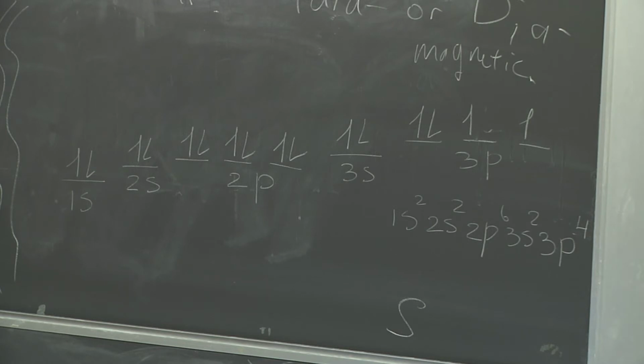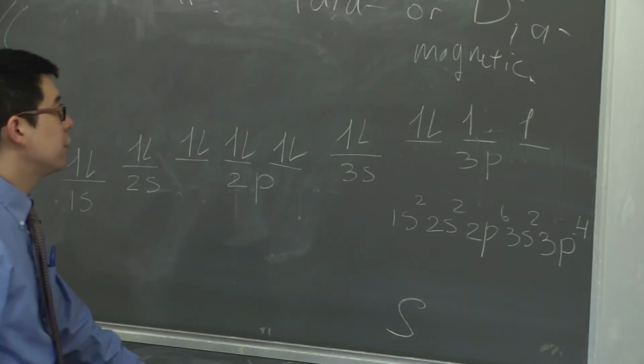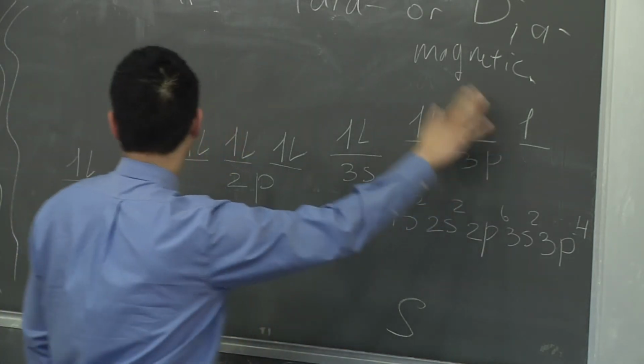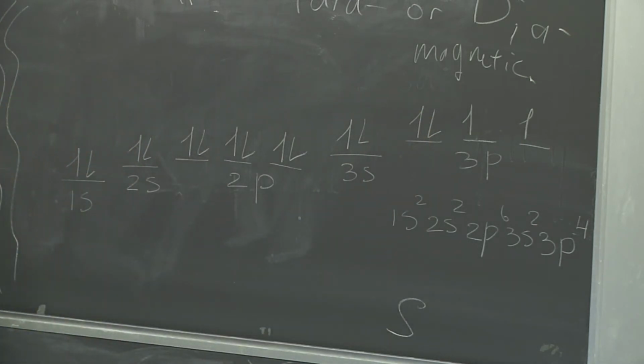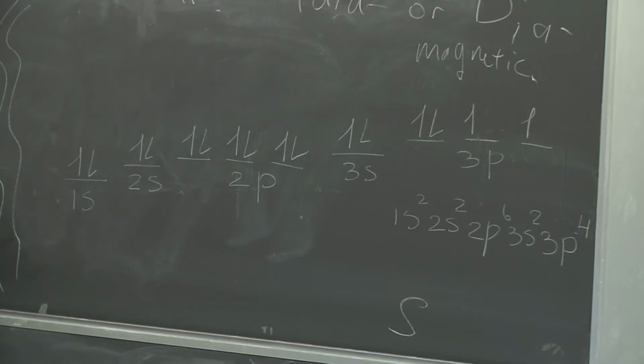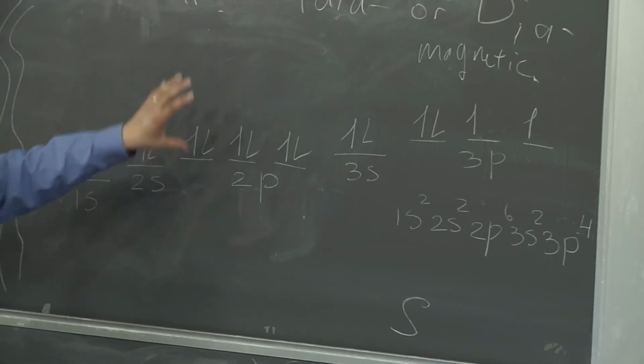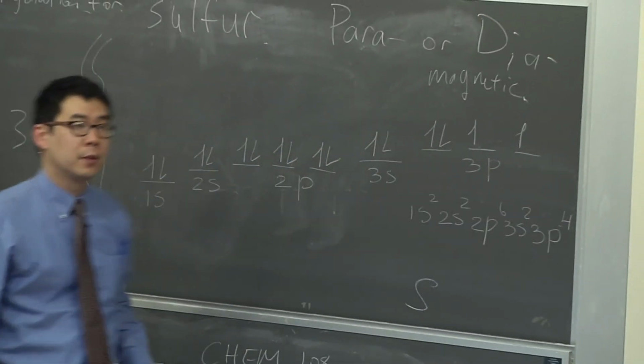Okay, so it'd probably be a little easier if you made the spaces kind of bigger, but this is not wrong, right? So you got your 1s and your 2s and your 2p, then your 3s and your 3p.